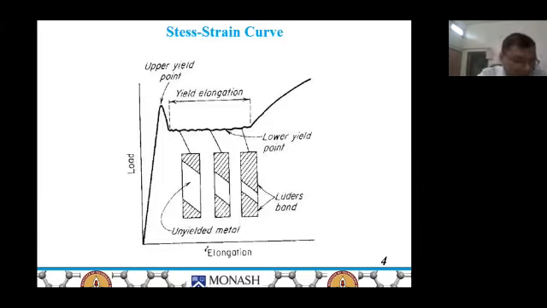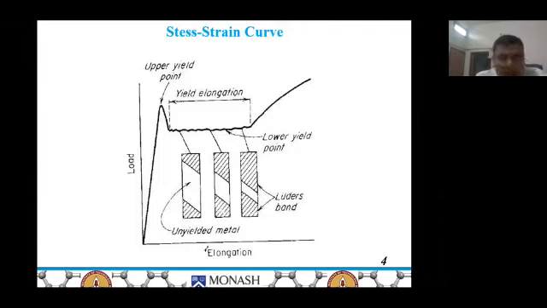So these are called Luder's bands, or Hartmann lines, or stretcher strains. And these we can see with the naked eye. We don't need special techniques like optical or TEM to see these bands. So this deformation is also sometimes referred to as the pivot effect.